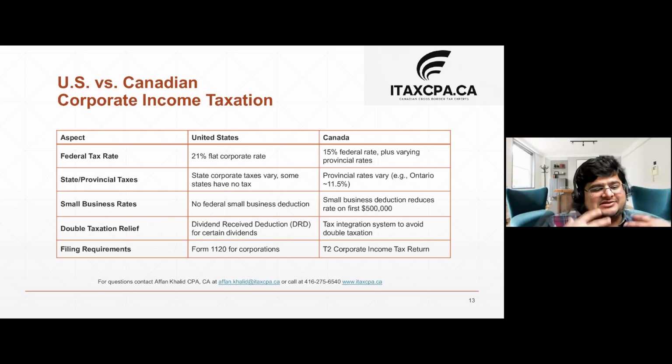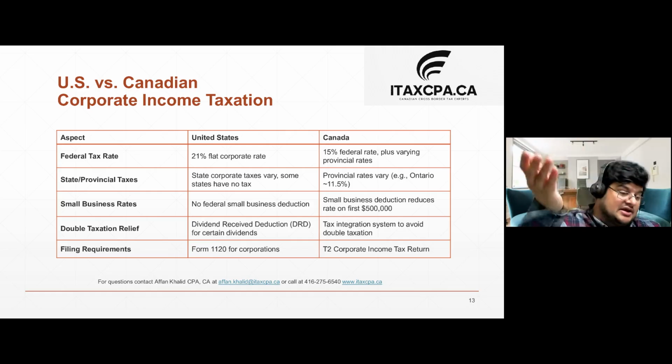The tax system is designed, we call it a tax integration system, to avoid double taxation, because you have income that is being taxed at the corporate level, and then the income flows into the hands of the individual or the shareholders paying personal tax on that income, whether you call it salary or dividend.